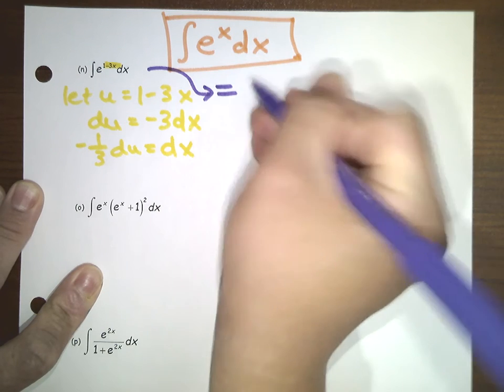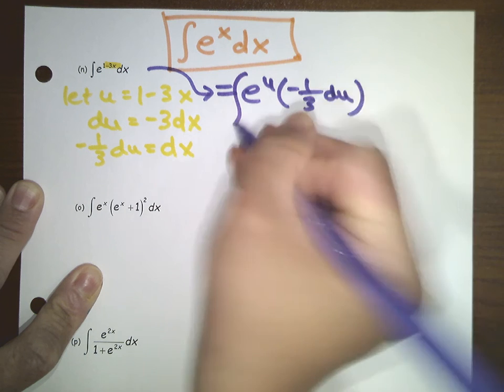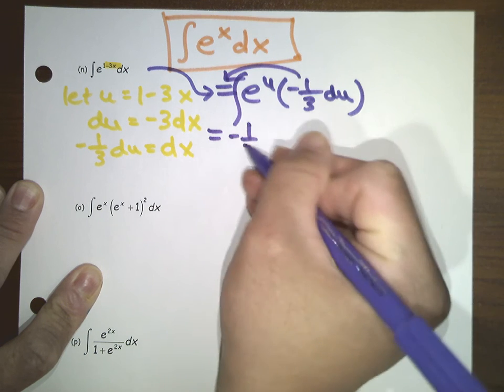So this will be e to the u times negative 1/3 du, and bring out the negative 1/3 in front of the integral.